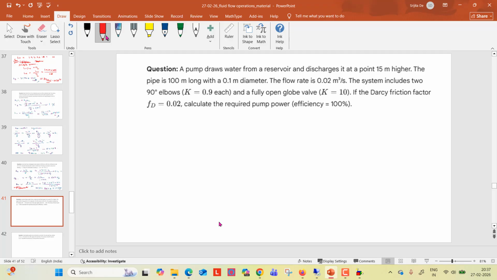The system includes two 90-degree elbows and a fully open globe valve. If the Darcy friction factor is given like this, calculate the required pump power. It is mentioned that the system has 90-degree elbows, so K is already defined as 0.9.